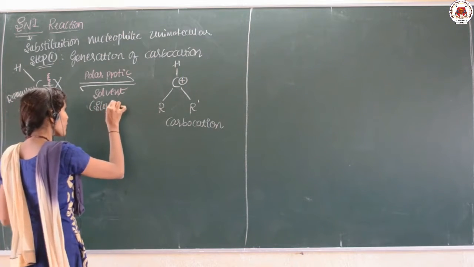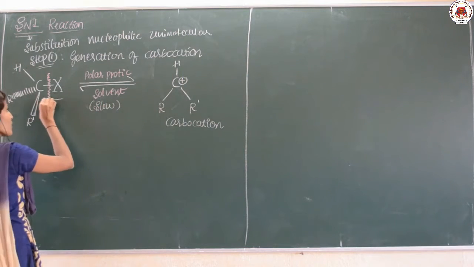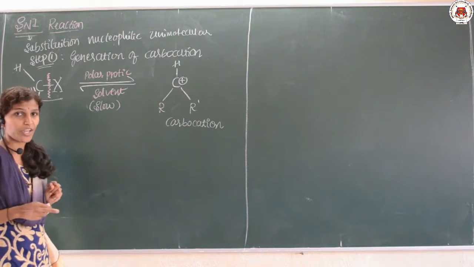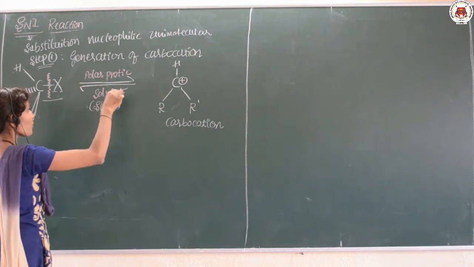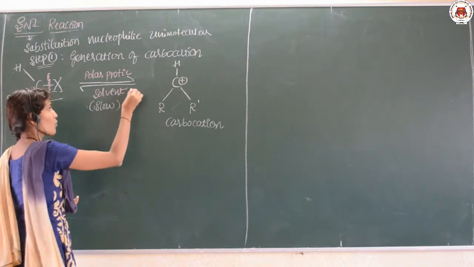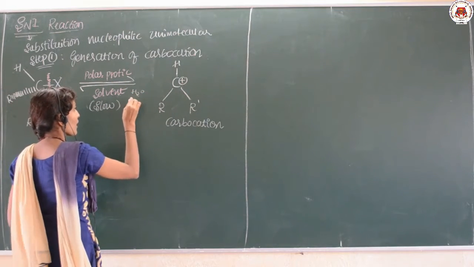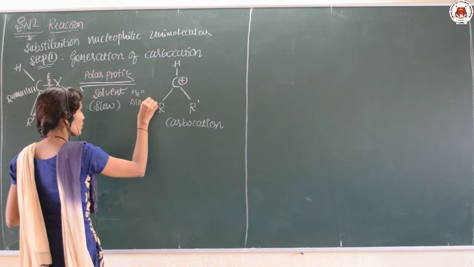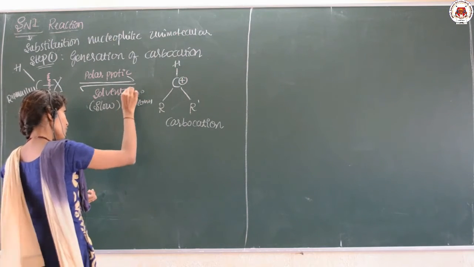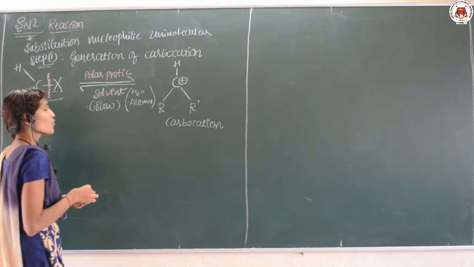In order to break the CX bond, it takes time. How is the CX bond broken? With the help of the polar protic solvent like water or alcohol. Okay. So these are examples of the polar protic solvent.